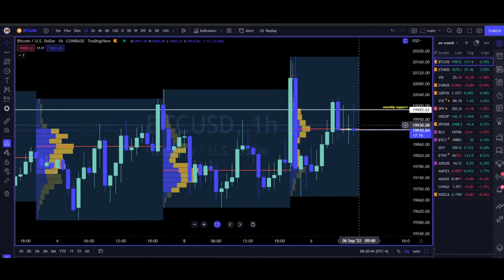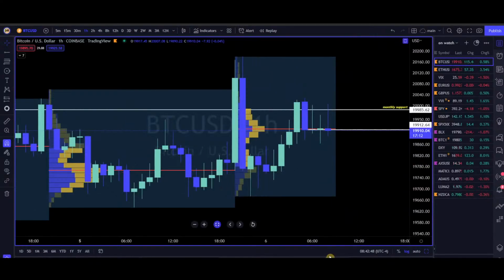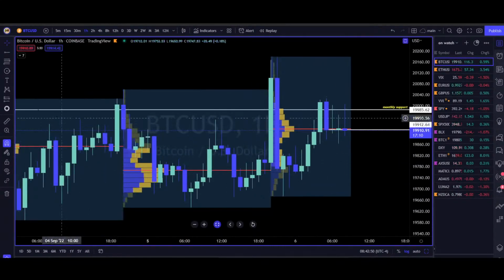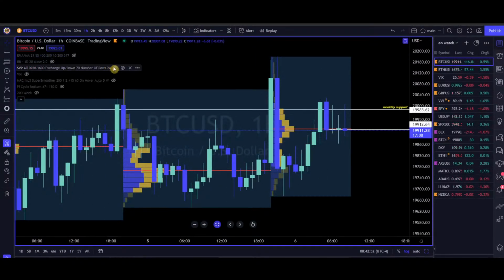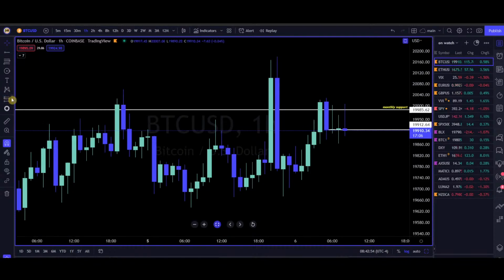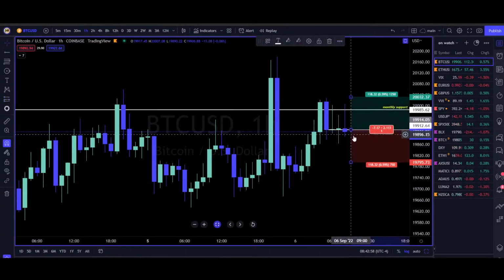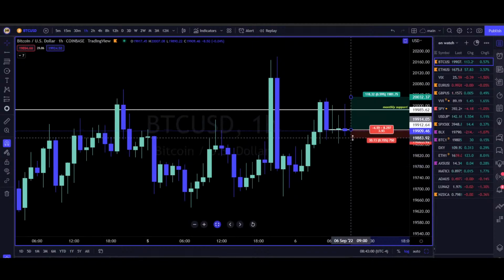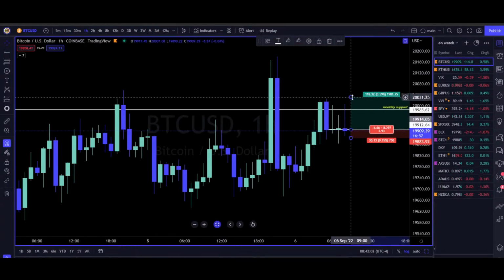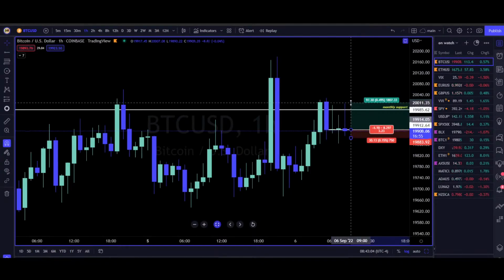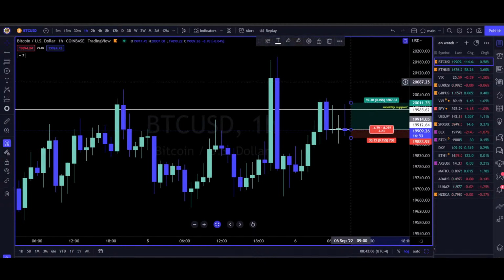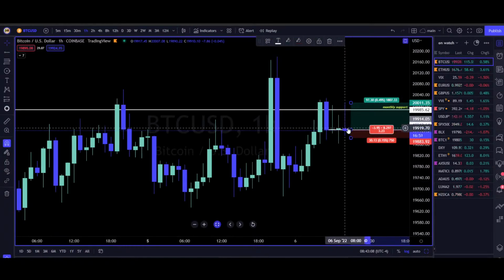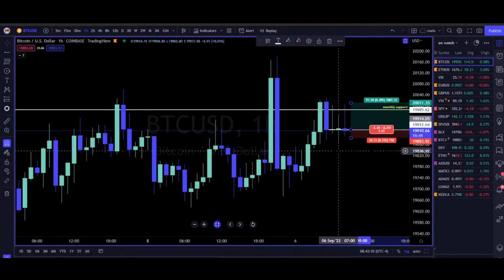A close back above this is going to give you your risk. Your risk would be that bearish swing low. So let's set the trade up. We are looking for a long position. 3.23 to 1 risk to reward as long as that low stays the low.